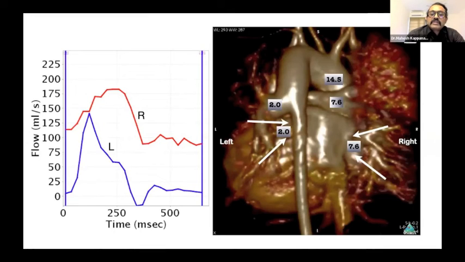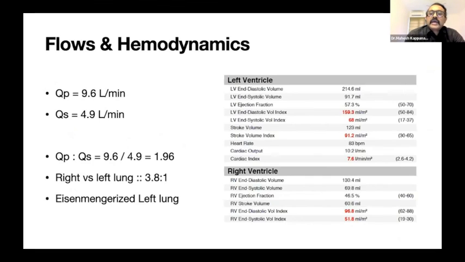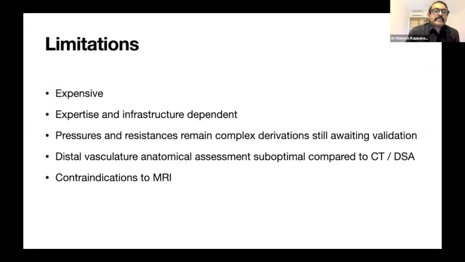MRI allows you to quantify the blood flows into each of these segments, not only in terms of the quantity of the blood that's going into these lung segments, but also the flow characteristics. And together with that, it also provides the ventricular parameters, the ventricular volumes, and the functions, which also allow you to assess the patient's clinical condition.